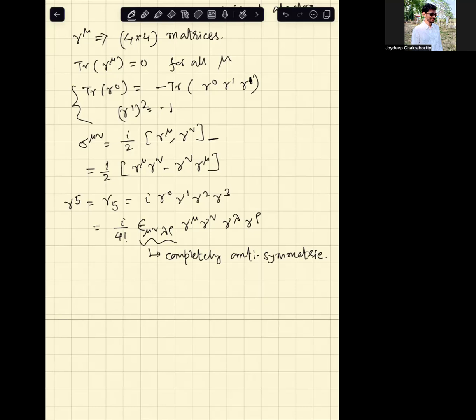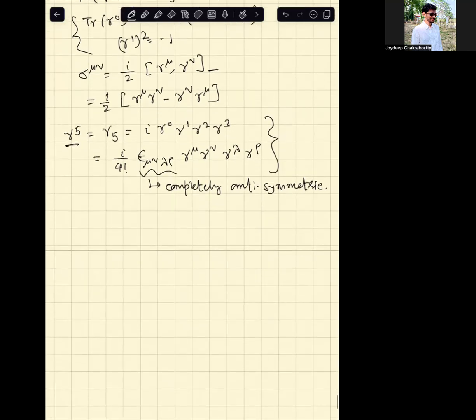Fine. So now let me spend a few words on this special gamma matrix, and then we'll move on to the further things. This gamma phi is very special, and we'll see why. But is it necessary that you can always define the gamma phi? For the scalar case, we did not distinguish whether our space-time is even dimensional or odd dimensional.